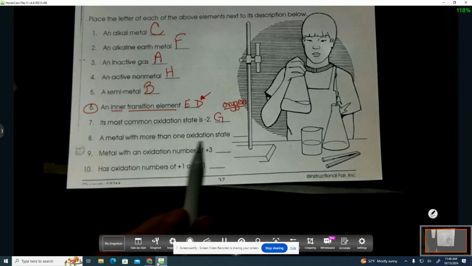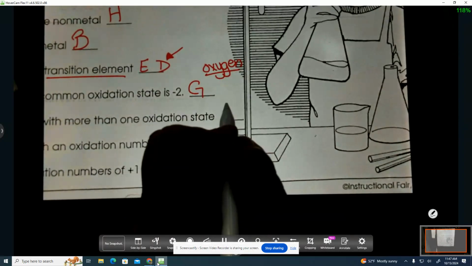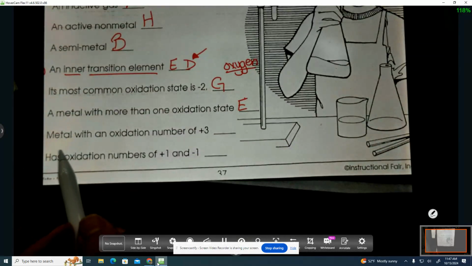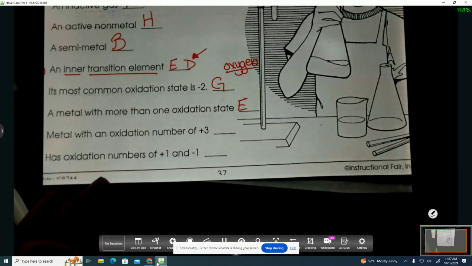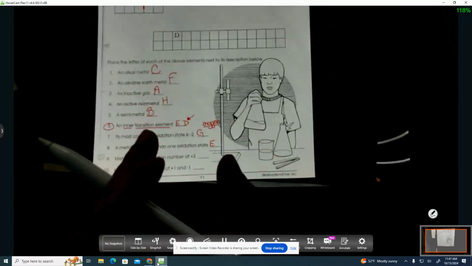All right, a metal with more than one oxidation number. E. I think that's iron or copper. Cobalt? Okay, and it has more than one. It should have +2, +3, right? Metal with an oxidation number of +3.